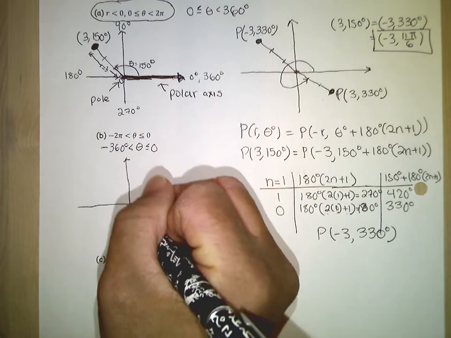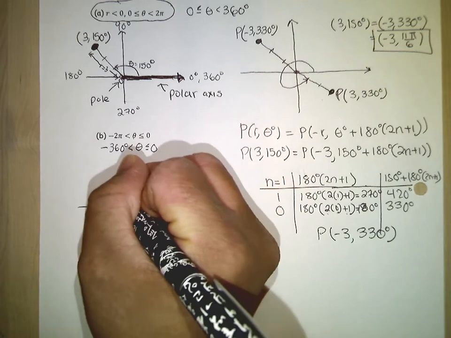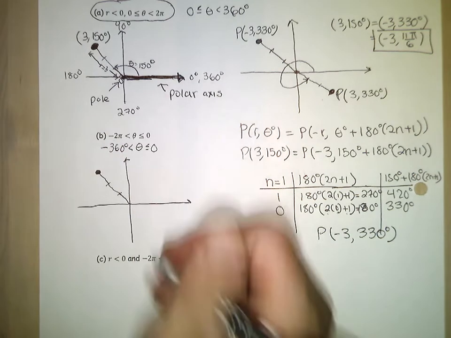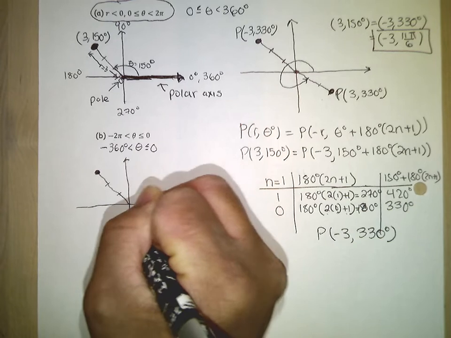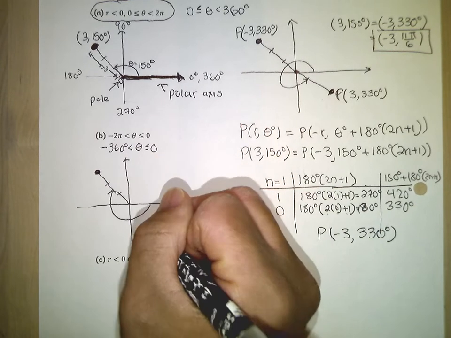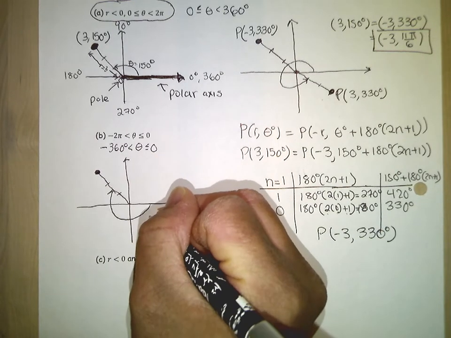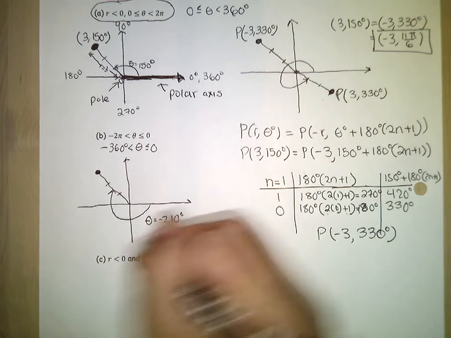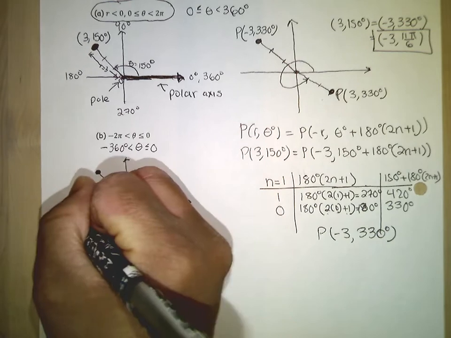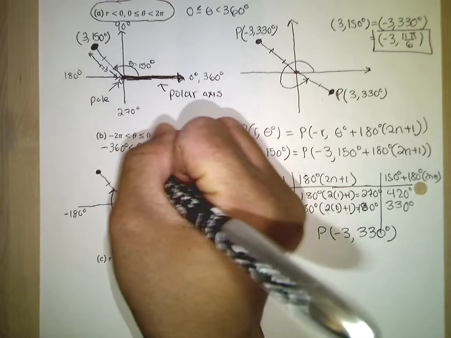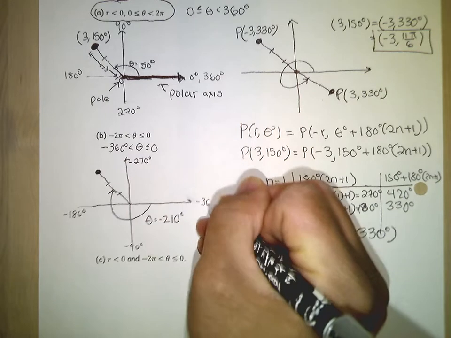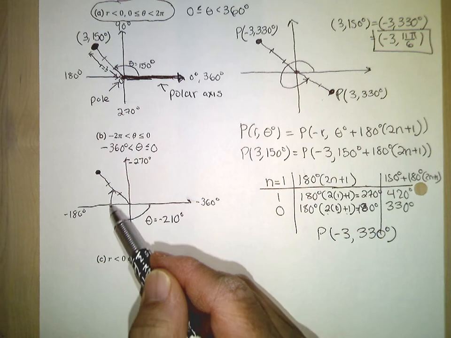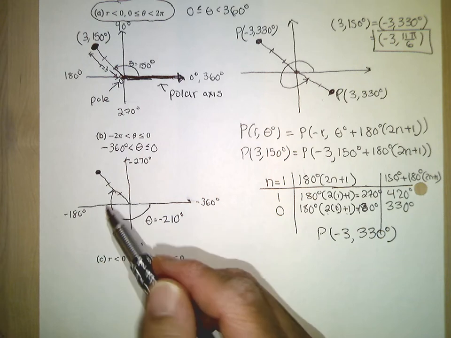If I want the point to be over here at 150 degrees, and I look at the negative angle over to that point, then I can see easily it is -210 degrees. Again, this will be -90 degrees, -180 degrees, -270 degrees, -360 degrees, going in the clockwise direction around the axis.